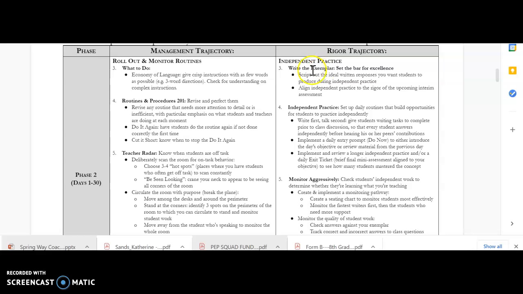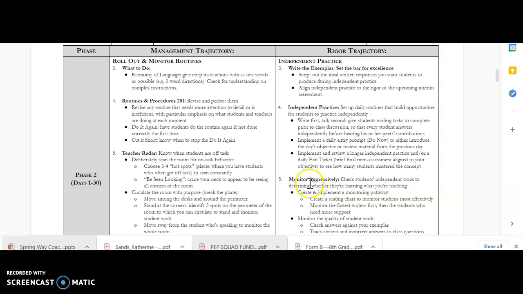Again, on this side, independent practice, this is the side that you guys can use. I don't want to spend all the time in here with this. The reason being is, guys, you will have this copy with you, and once you familiarize yourself with the different action steps on each trajectory, you'll be able to utilize them in the specific area that we need.